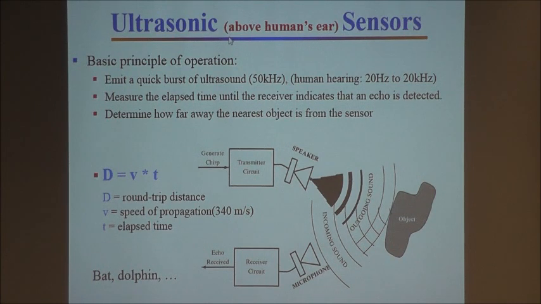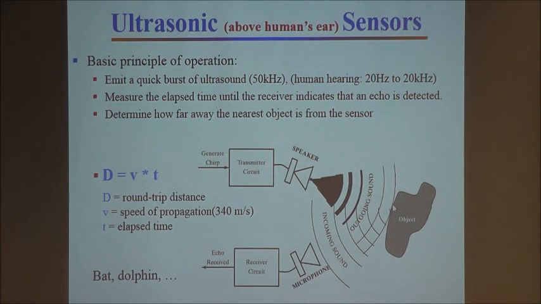So ultrasonic, again, above the human ear. Those are sensors which emit a quick burst of ultrasonic, 50 kilohertz, to here, hits the environment, hits the object, and the wave is bounced.